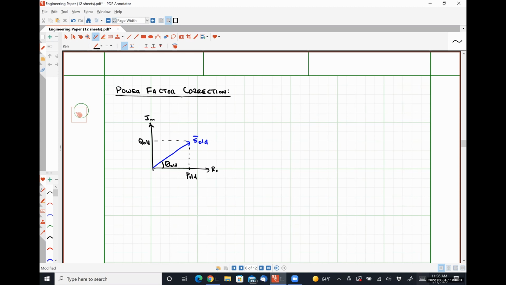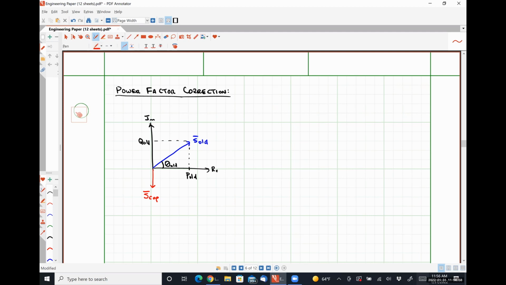All right. So if we were to add some complex power using a capacitor, which I'm going to call S cap, I can add these vectors effectively tip to tail.